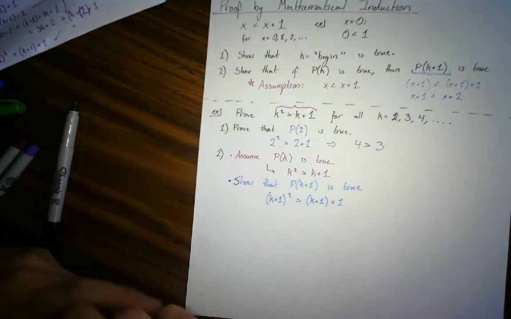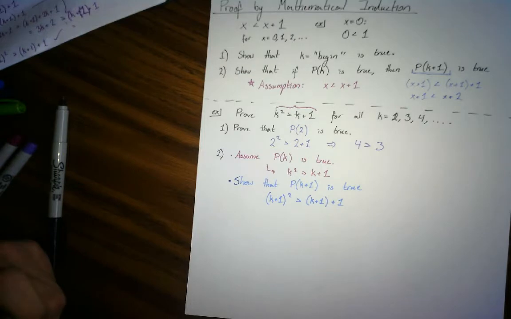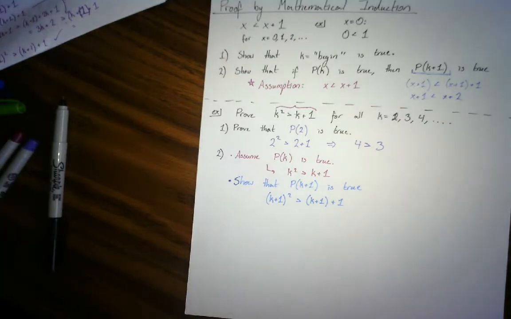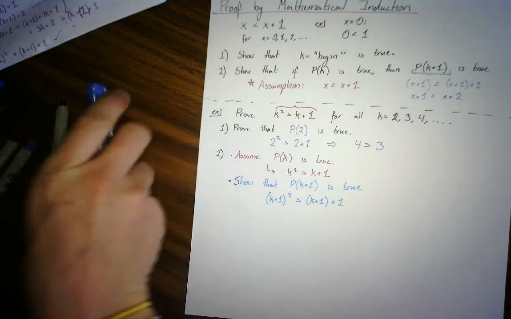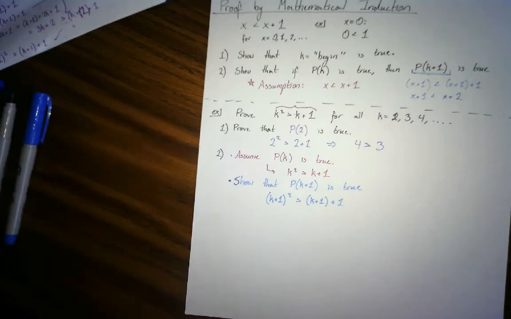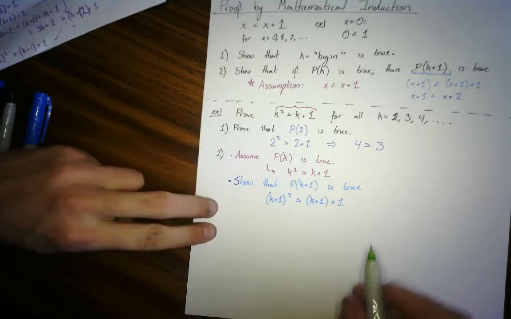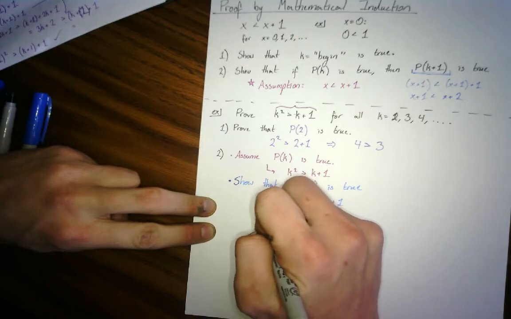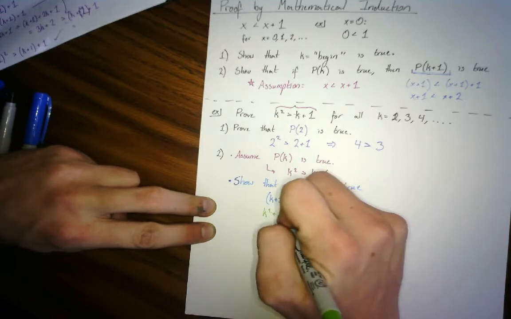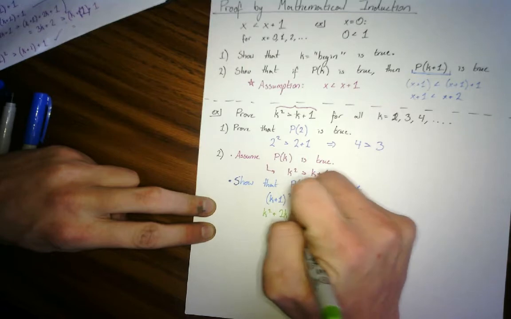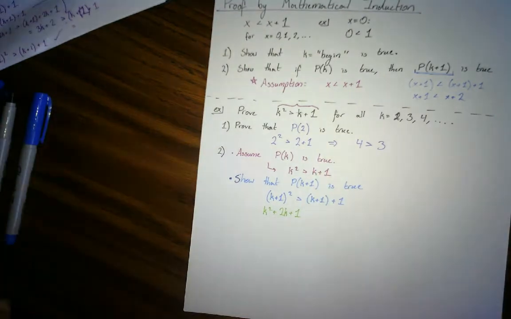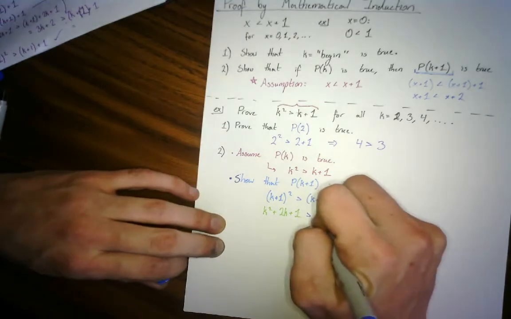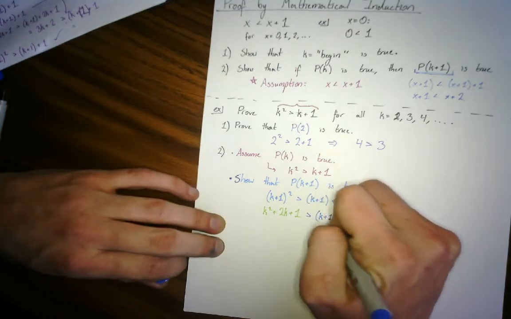So what I'm going to do now is look at our two sides. I'm going to make this a little bit different colors, okay? What we're going to do is have a focus side and a different side. So this side is going to be k squared plus 2k plus 1, and we're going to assume that this is bigger than k plus 1 plus 1.